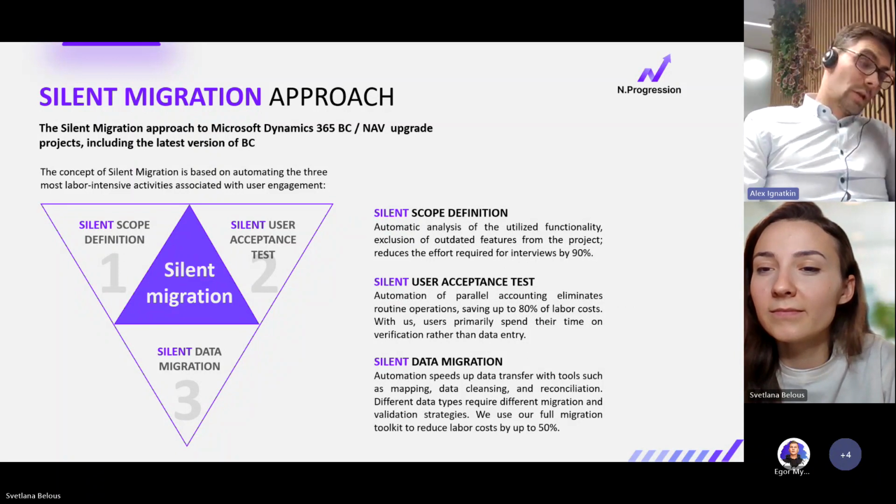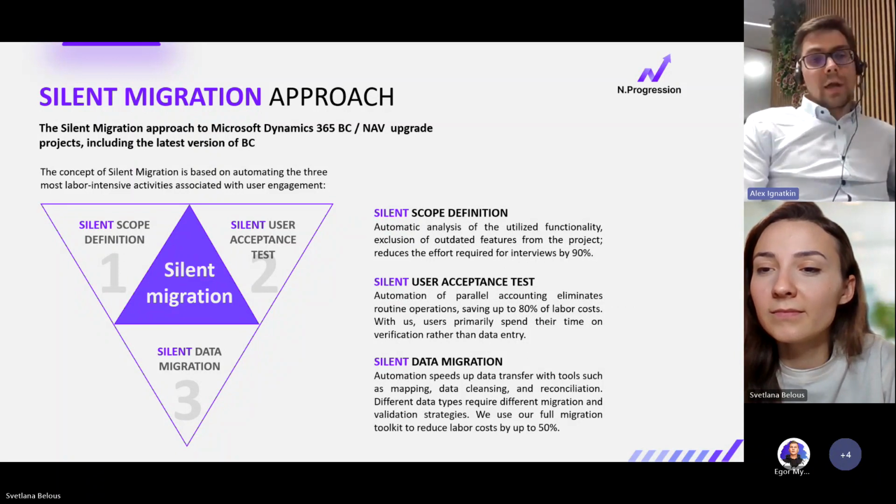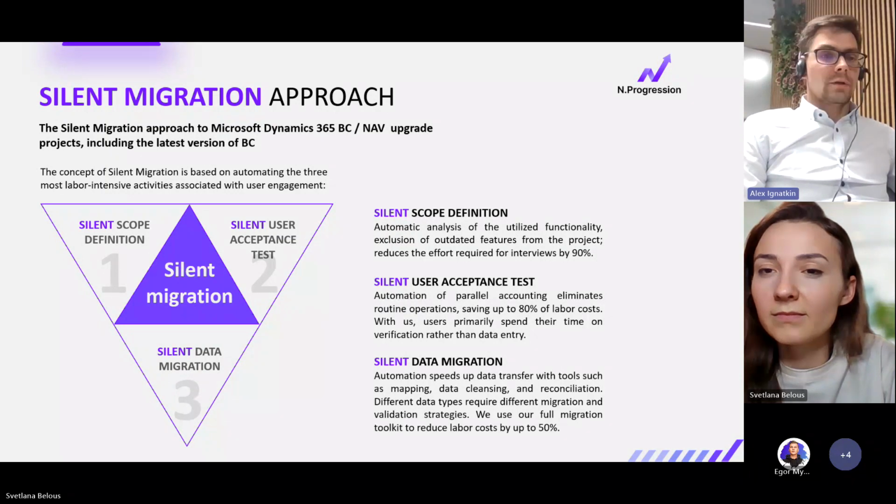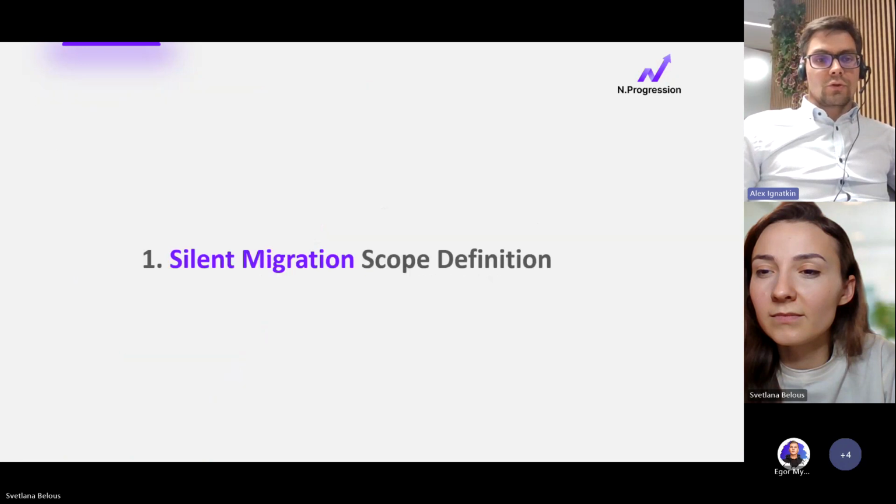Our next crucial stage relates to data migration, and you understand that it's very crucial for any launch of ERP. And again, here we have an automated tool which reduces workload on key users by up to 50%.